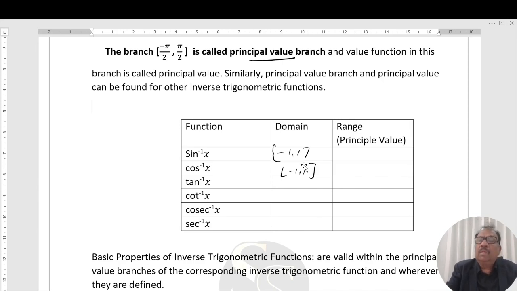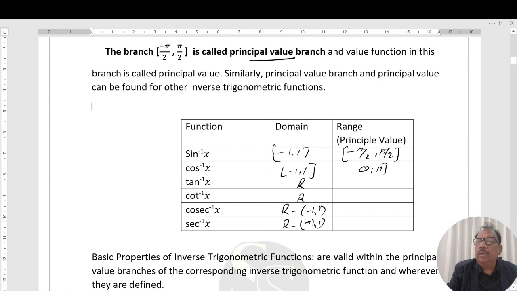For tan inverse, the domain is R. For the others, the domain is R or minus 1 to 1. These are the domains. The range is minus pi by 2 to pi by 2, as discussed above.